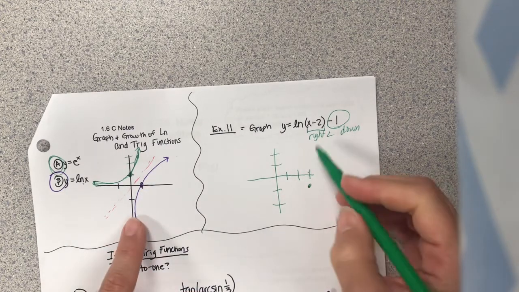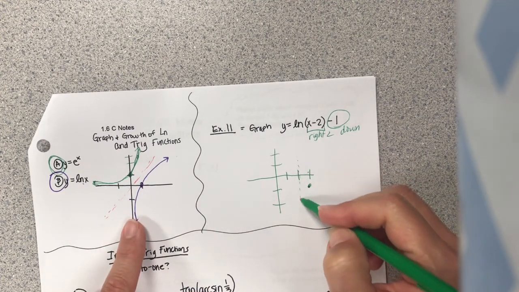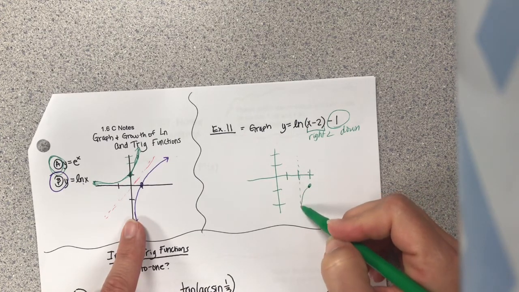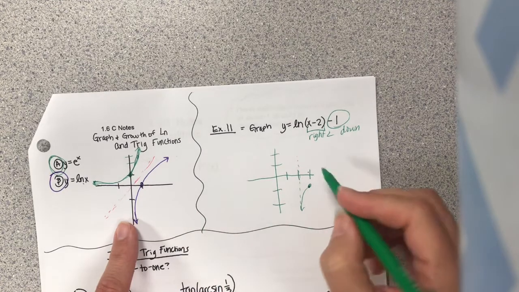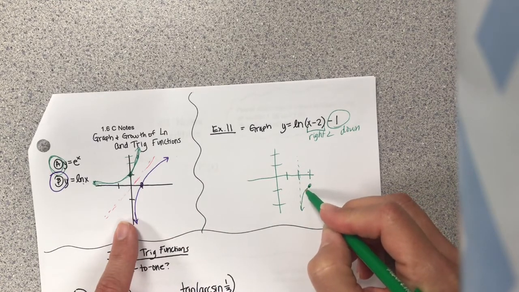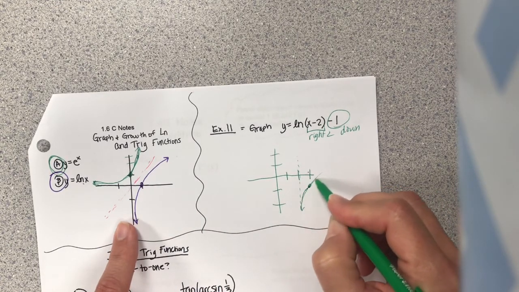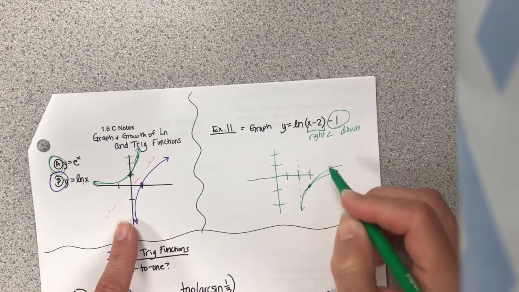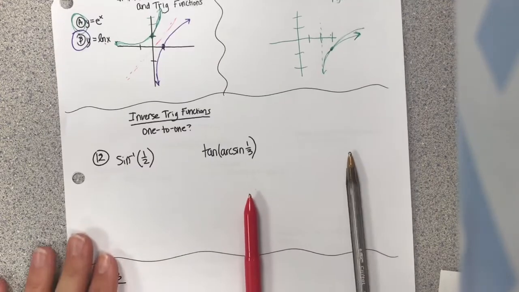And if you think of the asymptote, it is also going to move 2 spaces to the right, and this will grow. Kind of like that. Okay.